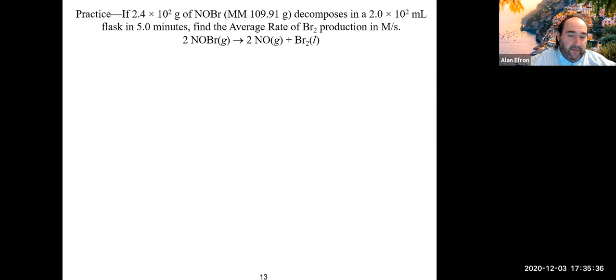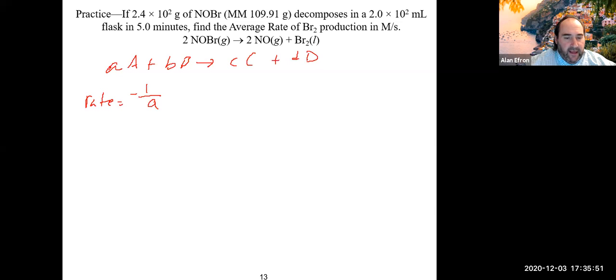Remember that if we have a generic equation of aA plus bB goes to cC plus dD, we could say that the rate is equal to minus 1 over a, times the change in the concentration of A over the change in time, where the change in the concentration of A would be your final concentration of A minus your initial concentration of A.